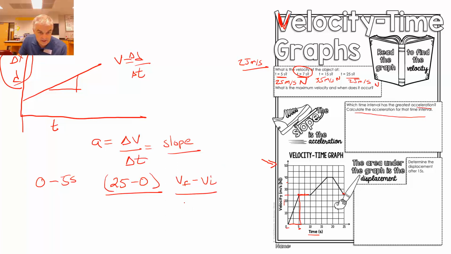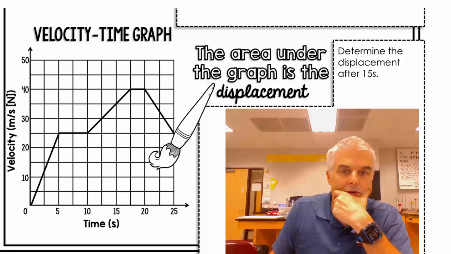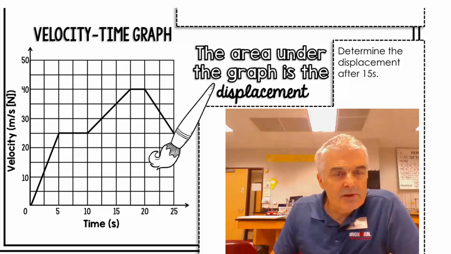Delta t is t final minus t initial, and that would be 5 minus 0. So 25 minus 0 over 5 minus 0 is 25 over 5, which is 5. Now units on that would be meters per second squared, and this is a vector, so we would say to the north.